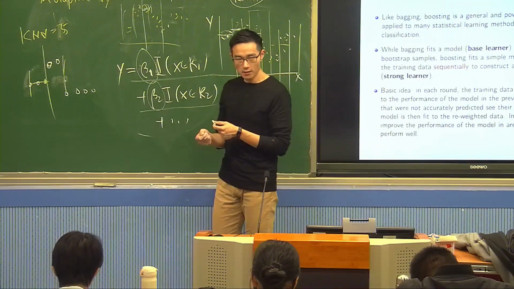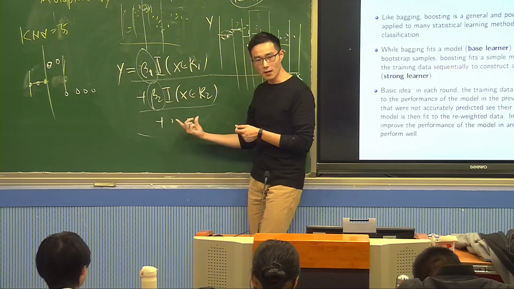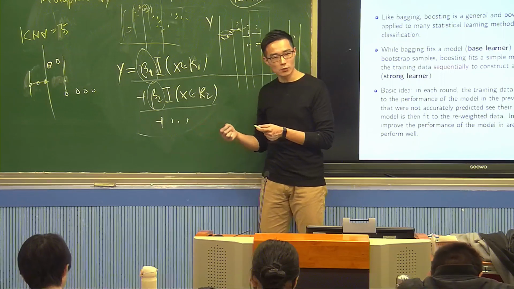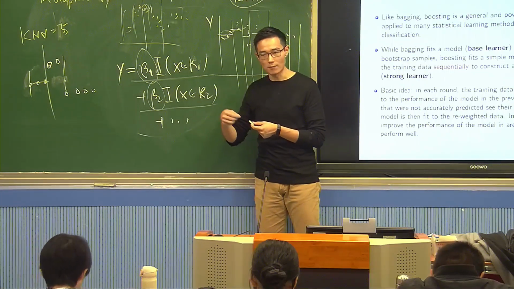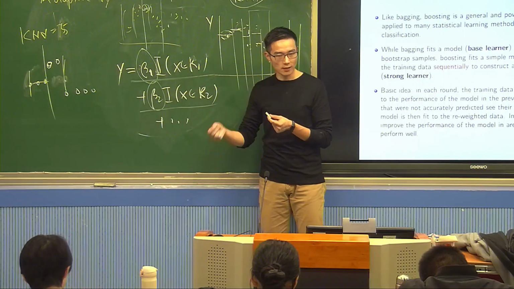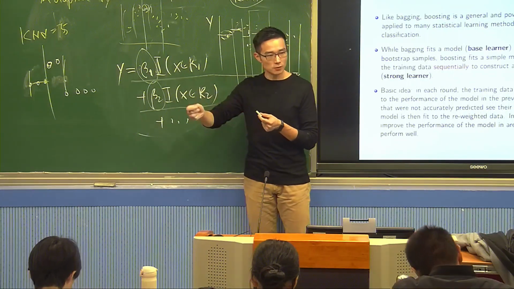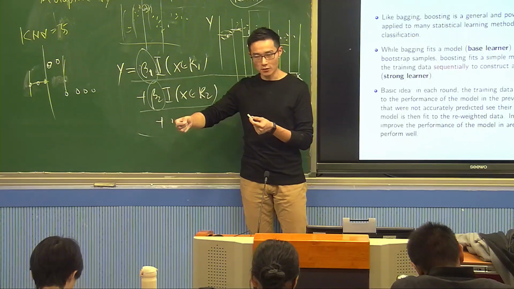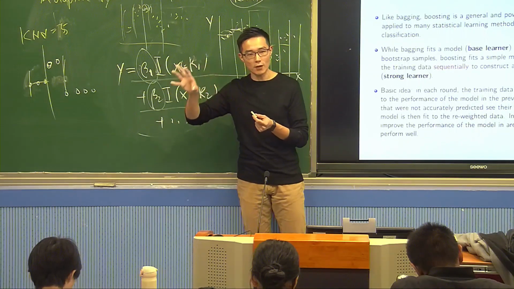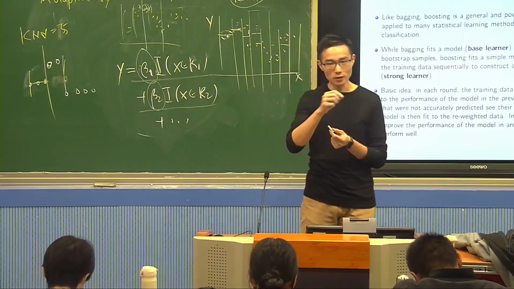A tree has a parametric form, but the parametric form is able to adaptively change with the complexity of the data. When the data become more complex, it becomes more complex. When the data is simple, it becomes simple. So it is a parametric model that is very flexible. It can become very non-parametric, or it can be very parametric, depending on what the data looks like.